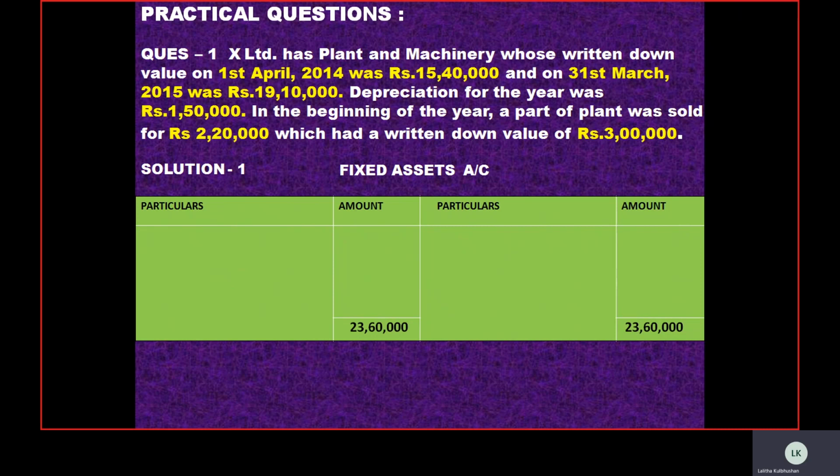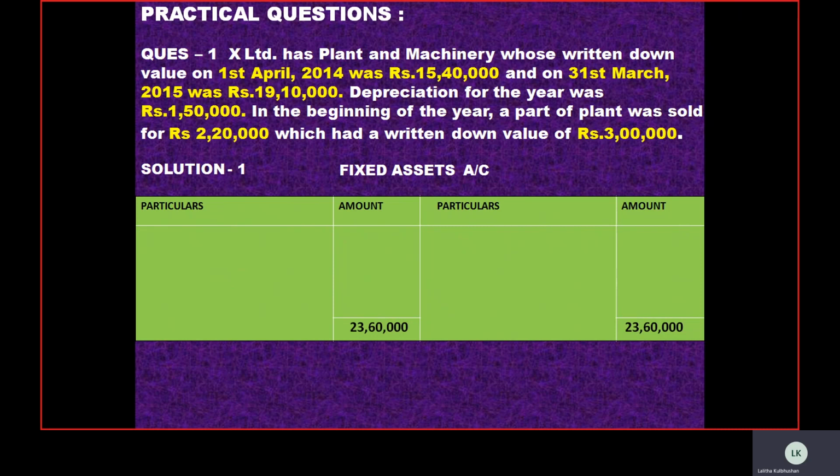And on 31st March 2015, 19,10,000 is given as the closing balance, or the current year's value. The depreciation charged on this asset is 1,50,000. During the year, the plant has been sold for rupees 2,20,000, and the book value of the plant has been given to us as 3 lakhs.